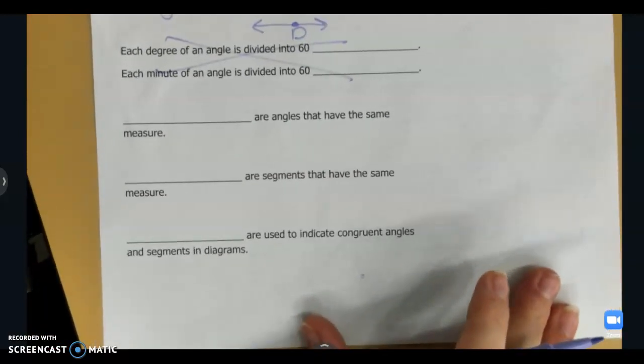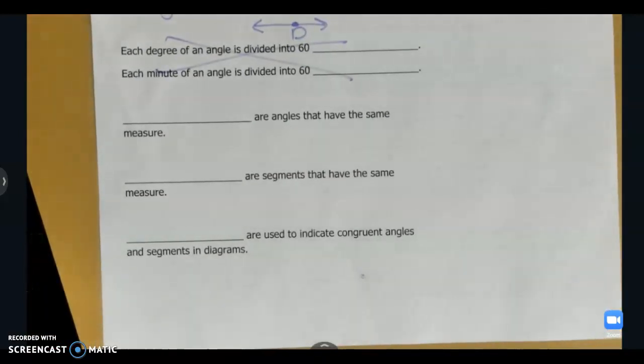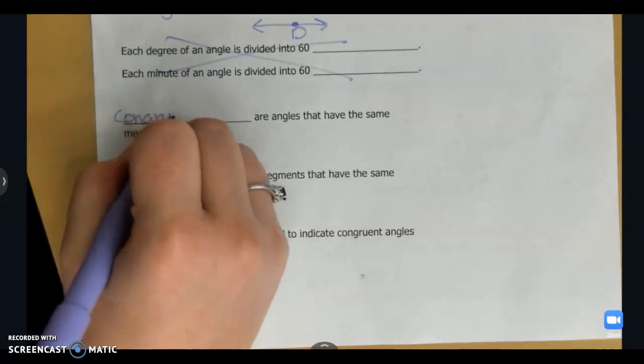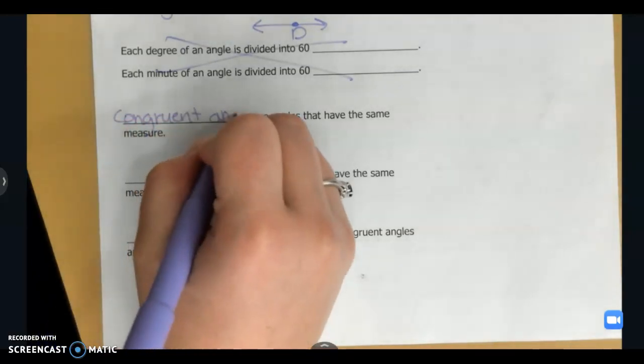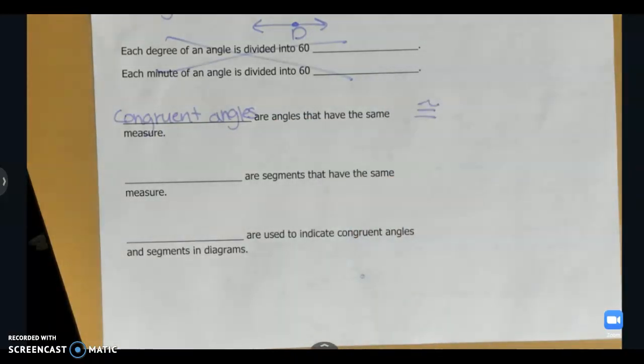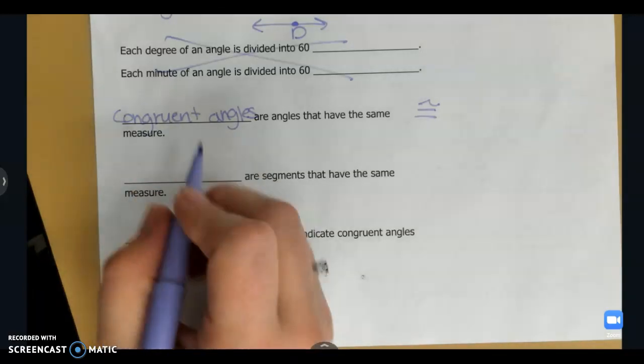Blank are angles that have the same measure. Congruent angles. And that symbol is a squiggly above an equal sign. That means congruent. So angles are congruent when they have the same number of degrees. What are segments that have the same measure?